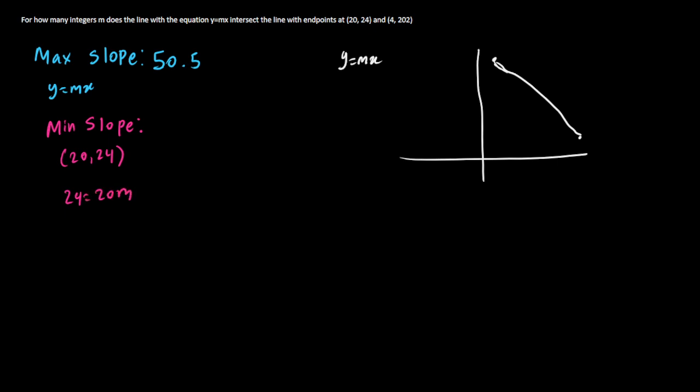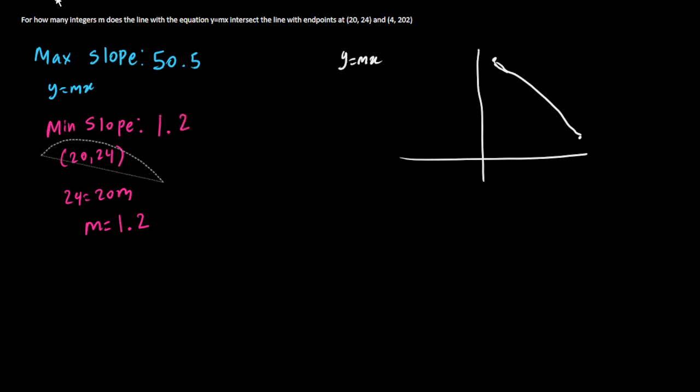And when we bring the 20 down, we get m equals 12 over 10, or if you simplify that, 6 over 5, which is approximately 1.2.